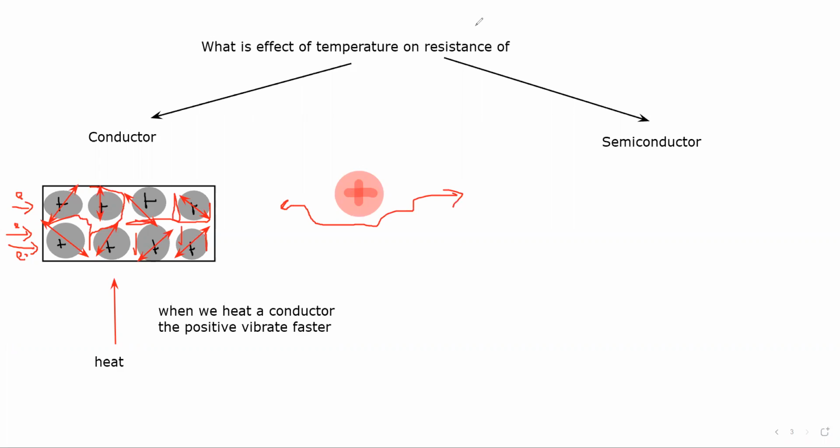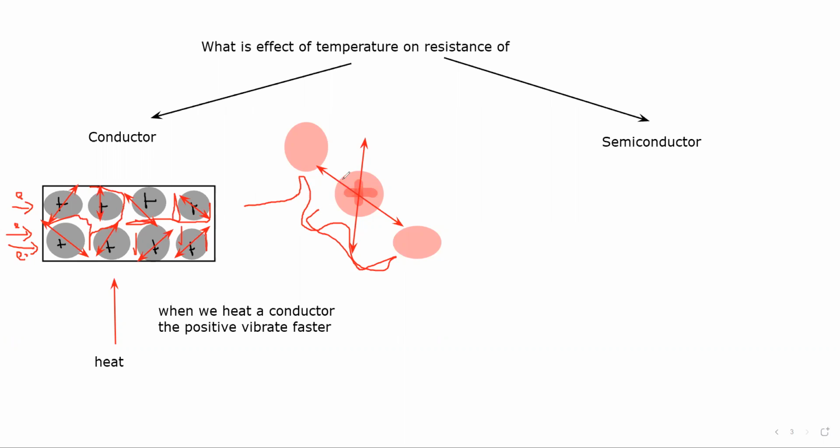But now it is vibrating in different planes, so it is continuously moving. So the electron tries to move from this side, then it tries to move from the other side.